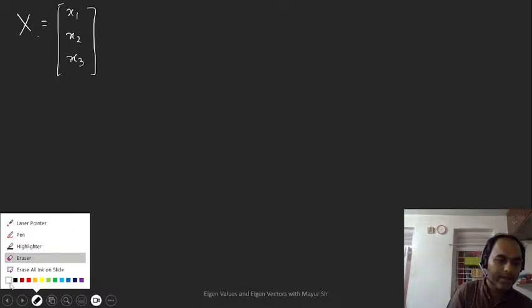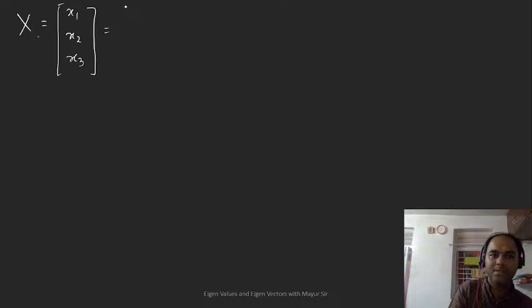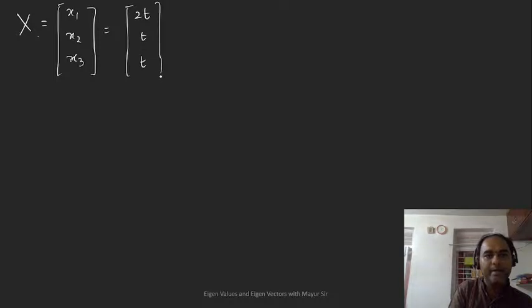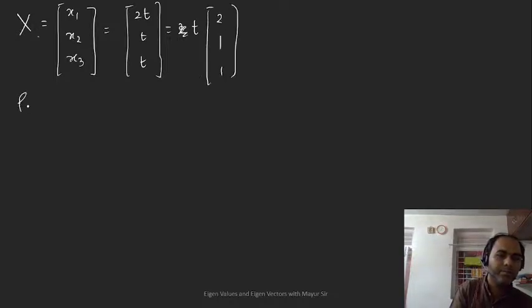Okay, and then this is the capital X, so here you have 2t, t, t, and then it is, sorry, t outside, and then 2 1 1. So put t equal to 1, capital X3 equal to 2 1 1.